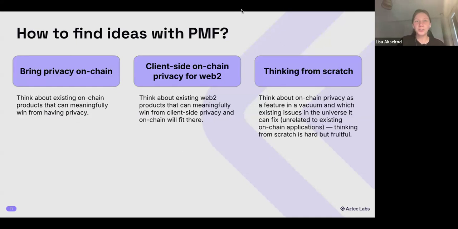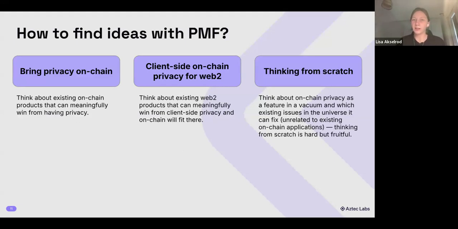And now let's talk about how to find ideas with product market fit. It's not easy. Sometimes it takes founders and companies months and even years to find the product market fit, but I will give you several hints that might give you some directions.